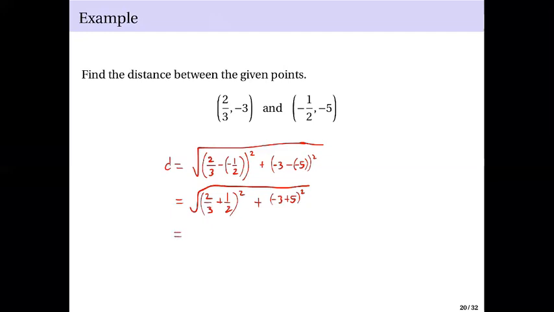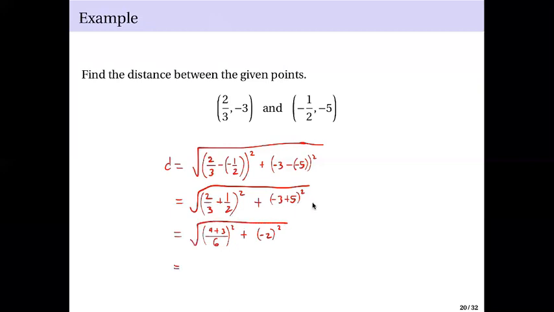And then this is equal to, so what is this? Let's see. LCD 6 for this guy. And then you have 4 plus 3, correct? Then you want to square this. And then for this guy, you just have minus 3 plus 5. That's minus 2. Then you square this. You get the square root of all these.